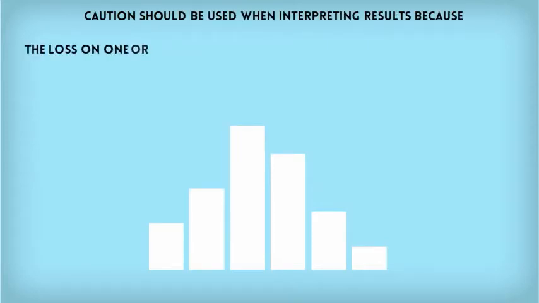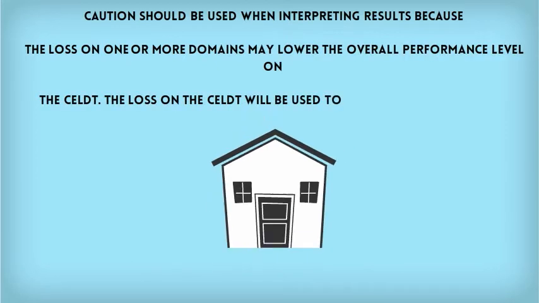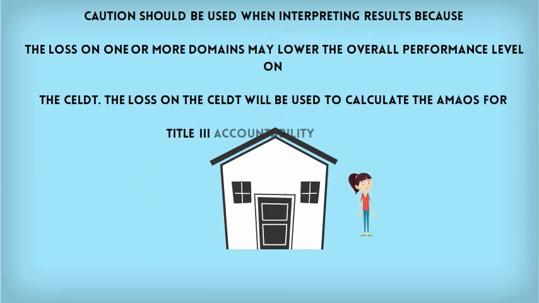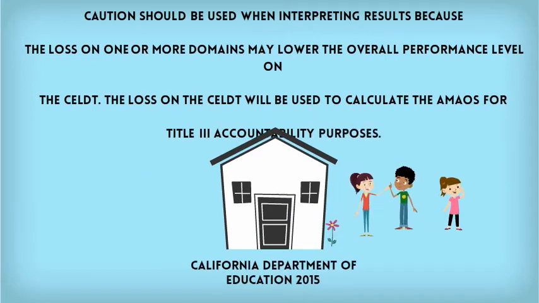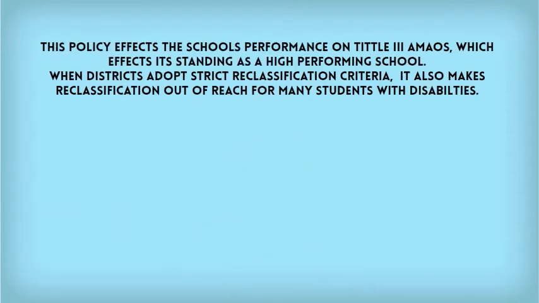Caution needs to be used when interpreting the LOSS because it affects the school ranking, and also when districts have strict reclassification criteria, it makes reclassification seem out of reach for many, many students.